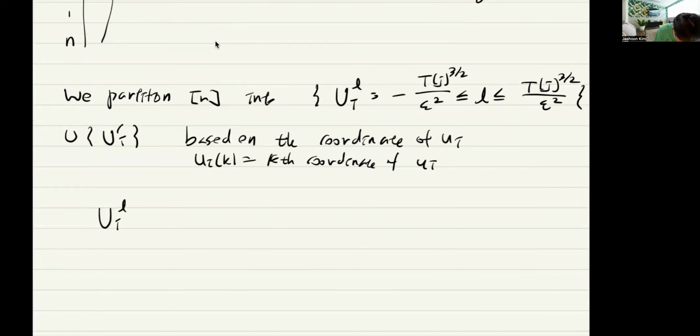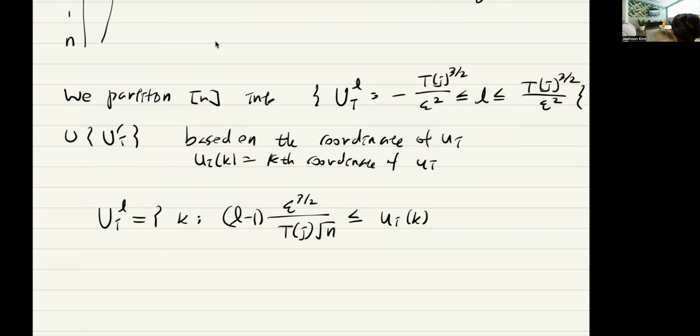And this u_i^L is defined by the order indices k, so that u_ik has value between these two. So you see, this is a small number and this is a large number.